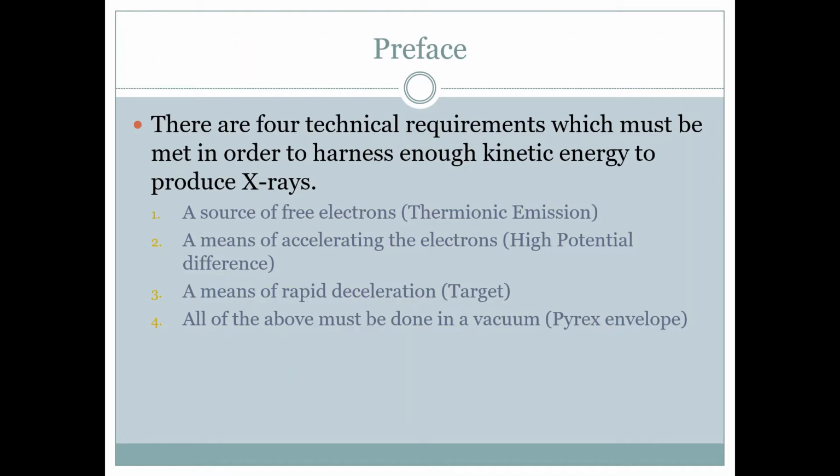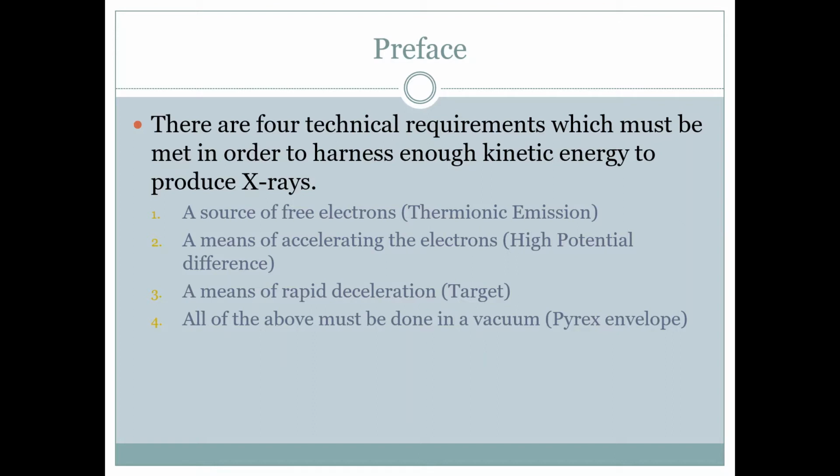First one is obvious: a source of free electrons. We refer to this as thermionic emission. This happens at the cathode, the negatively charged end of the X-ray tube, specifically the area right around the cathode filaments, which are made of tungsten wire.